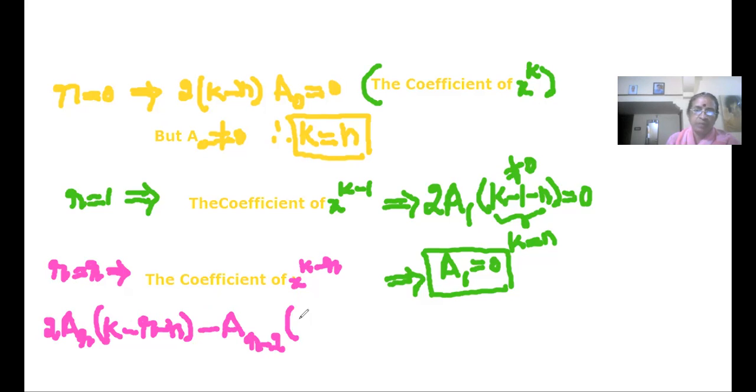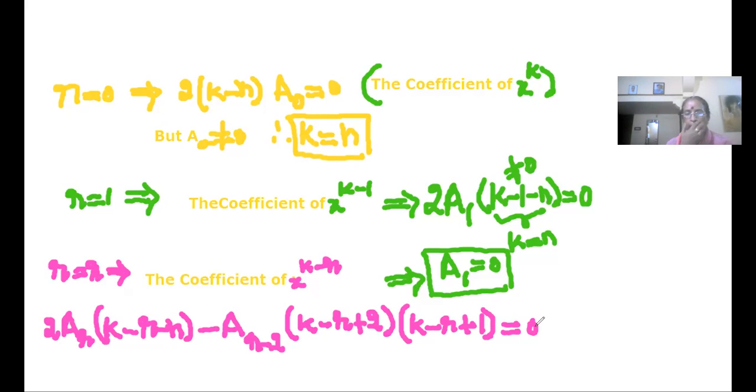So when r becomes r minus 2, we get k minus r plus 2 into k minus r plus 1, equal to 0.